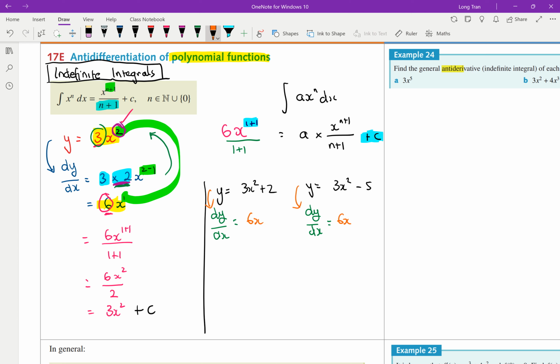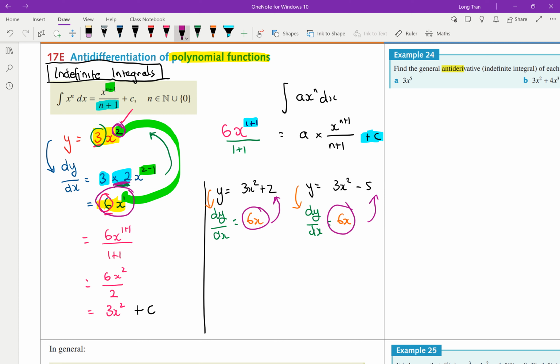So the problem is, if I decide to do the antiderivative, which makes it go backwards, when I antiderive 6x, which we already just did, how do I know which one's the correct answer? Is it 3x squared plus 2? Is it 3x squared minus 5? Or is it just 3x squared? Which one is the correct answer? Because the derivative is always going to be 6x, 6x, 6x.